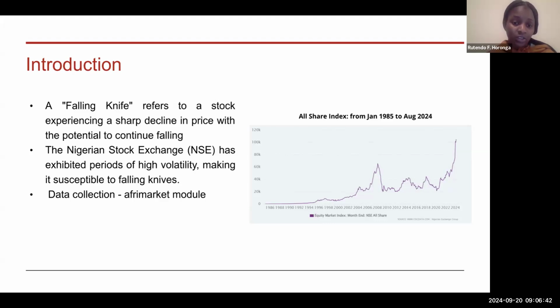And if you look into the Nigerian stock exchange market, why it was a good case study for this project, if you see the all share index, you can see that there have been a lot of dips on the market, from 1985 up until 2024. I know the chart is small, but I hope you can see the dips. For us to be able to get the data, we used the free market module. I think you can go on the next slide.